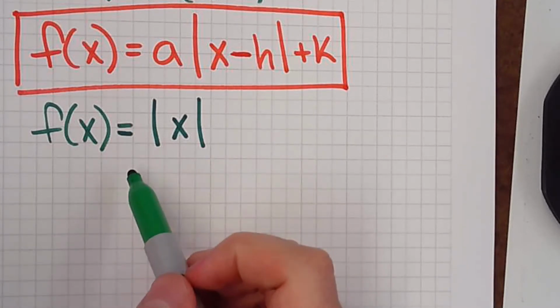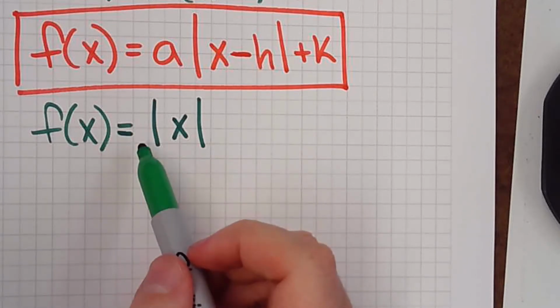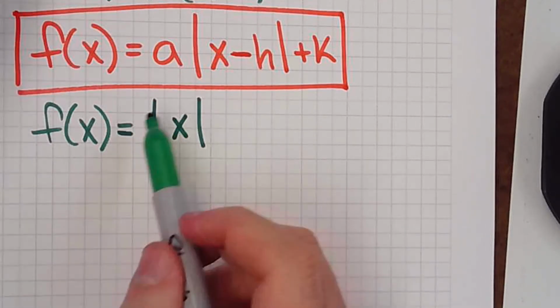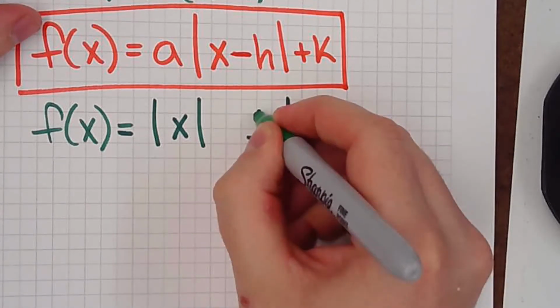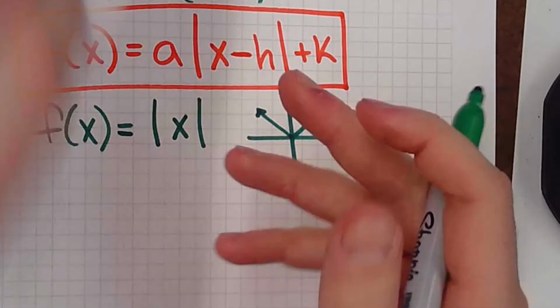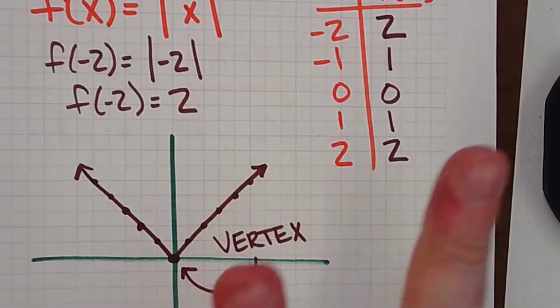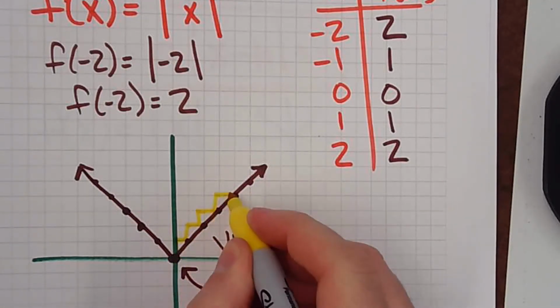We don't write it, but it's there. So we saw what happens when this goes on, right? From our old graph, the slope of this is up 1 over 1, up 1 over 1, up 1 over 1, up 1 over 1. But also it goes up 1 over 1 on the left side too.